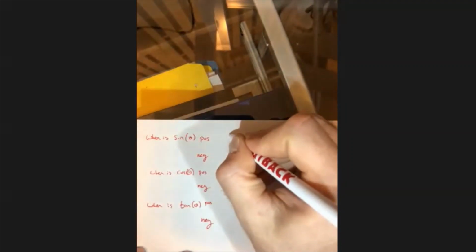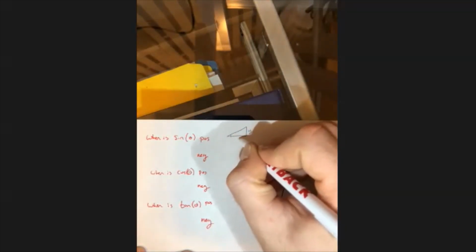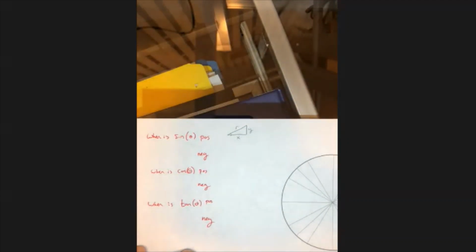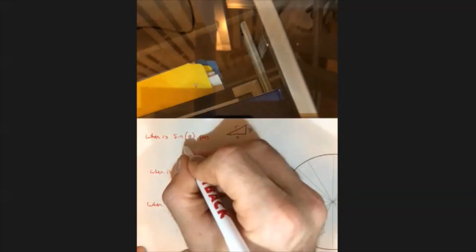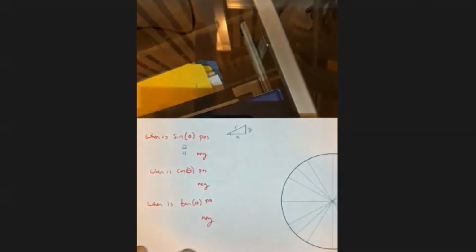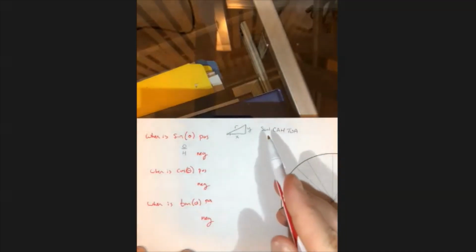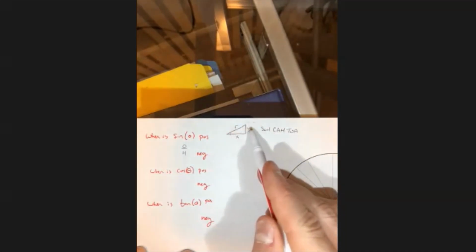Well, if we think about that, again, in terms of a triangle, from that central angle, I know the opposite, the adjacent, and the hypotenuse. Sine is going to be opposite over hypotenuse, y over r.